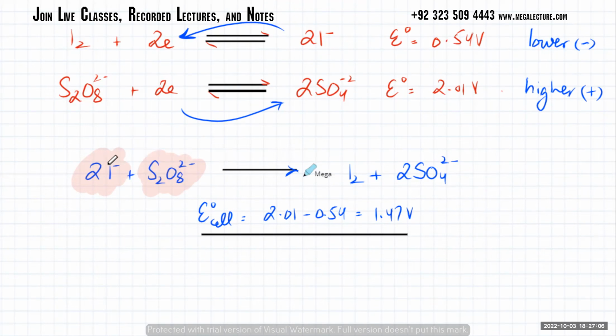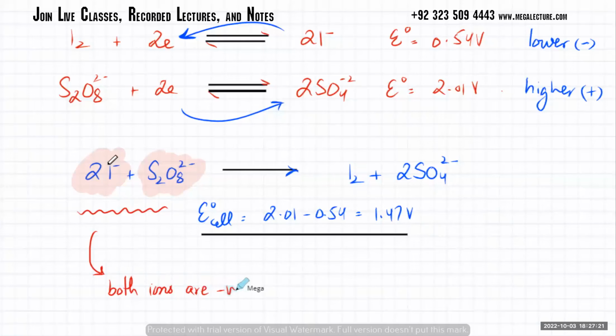And so in theory, this is a very feasible reaction. But since both ions are negative, it would be very hard for them to even come close to each other, right?